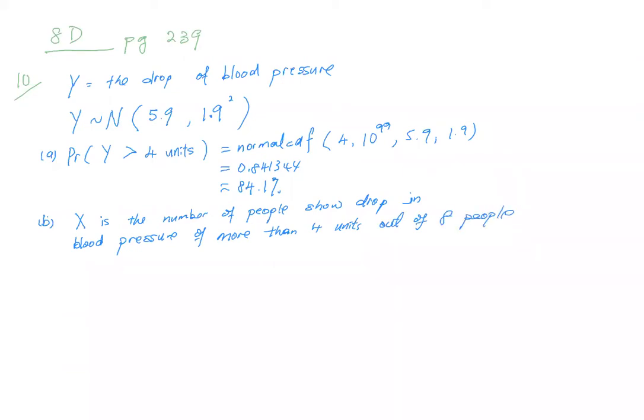So this will be your fixed number of trials. So X, be very careful. X is a binomial distribution.